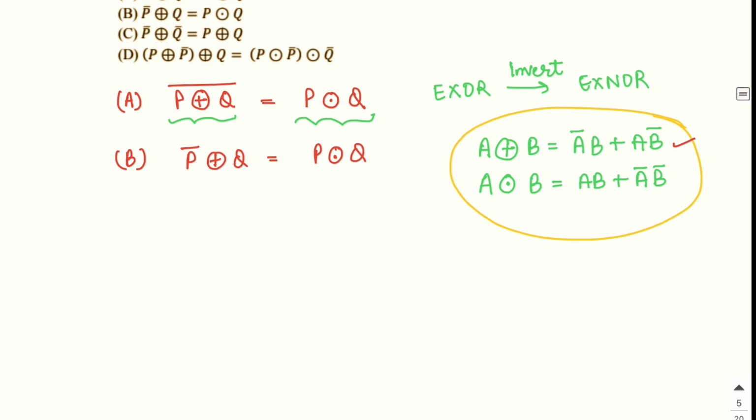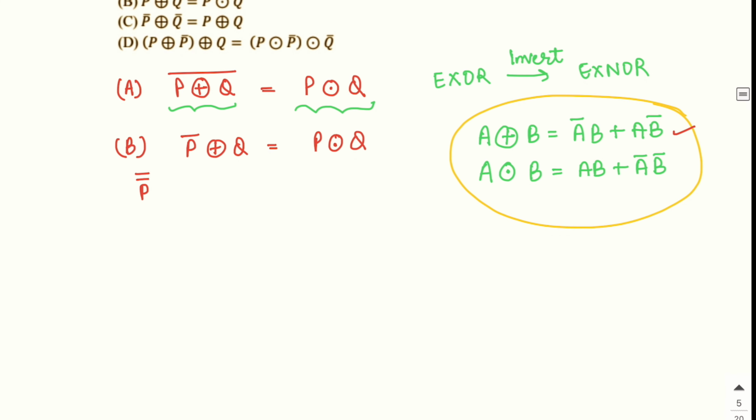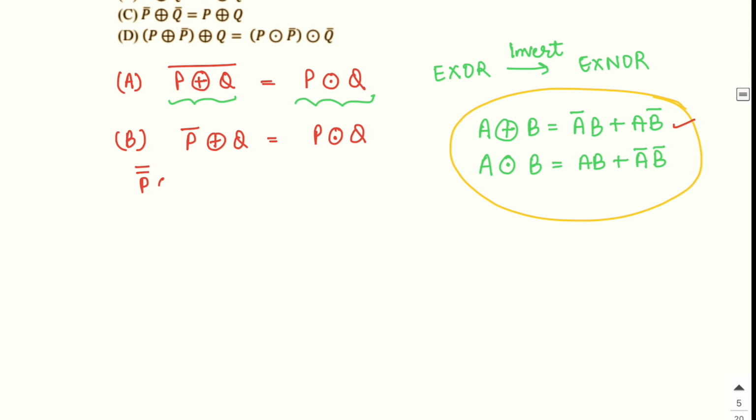So we have the left hand side as P bar. I'll consider that my A is actually P bar, so I'm doing the complement of A. When I do it this way, it will become double complement of P, Q plus P bar Q bar. You are just applying this equation, considering A is equal to P bar.